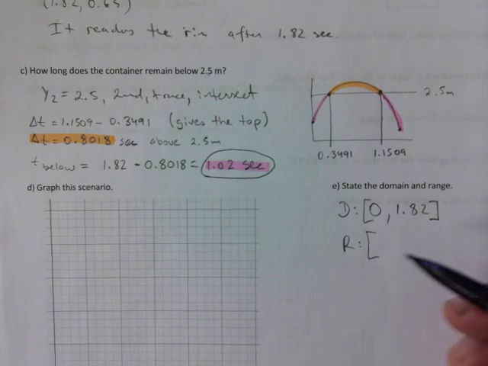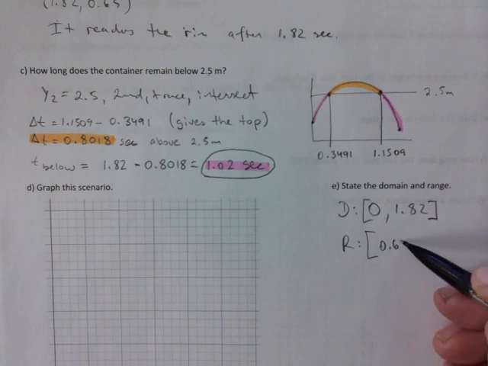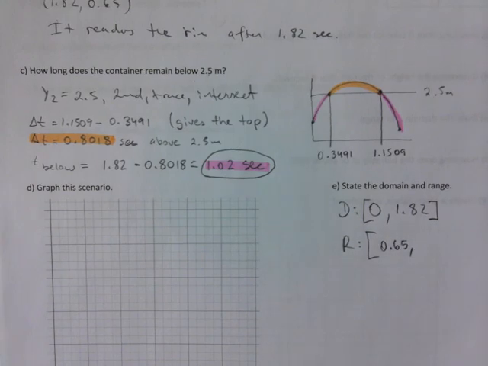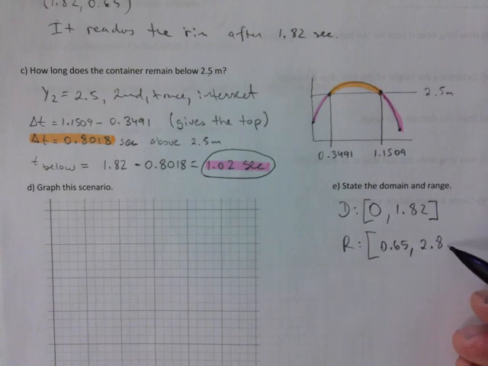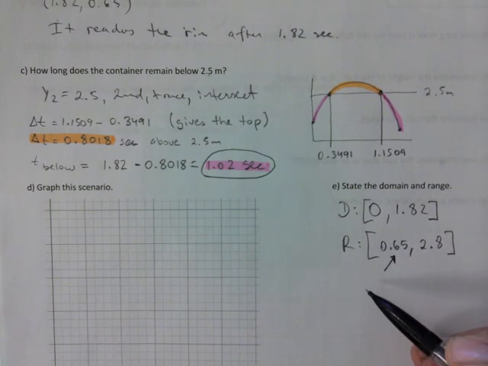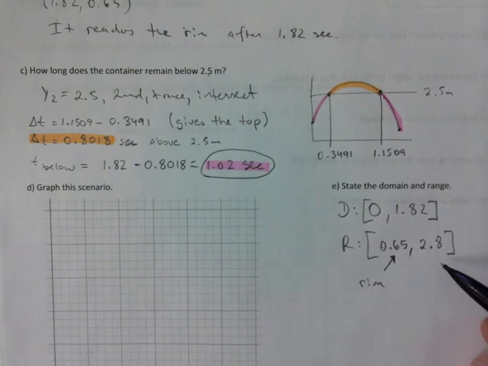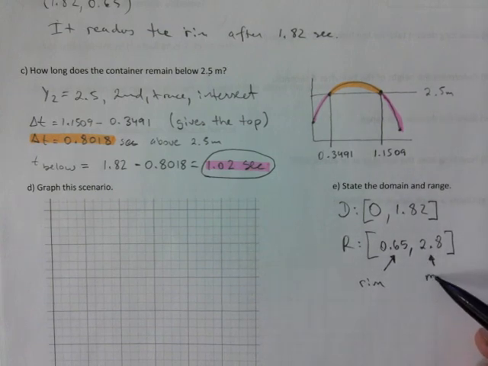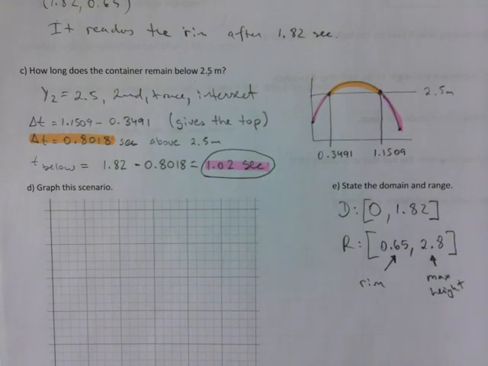The lowest height is 0.65 meters, and the highest in this case will be the vertex, which, we're told, is 2.8 meters. I will actually give you more details, right? This is the rim, and this is the max height. That way you know where I got those numbers from.